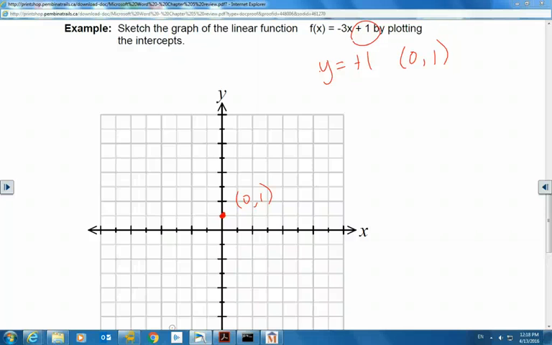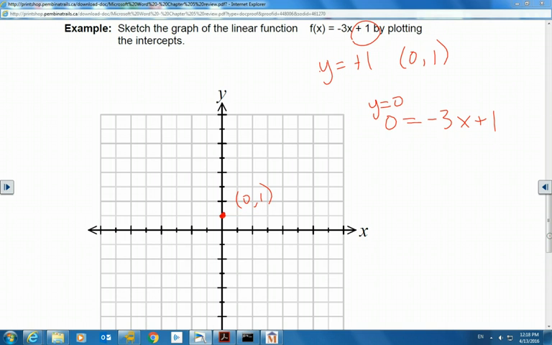Okay, now here, what about my x-intercept? What's my x-intercept? I'm going to have to do a little bit of work for this. What do I know about my x-intercept? Y equals 0 for my x-intercept. So then I set 0 equals -3x plus 1.